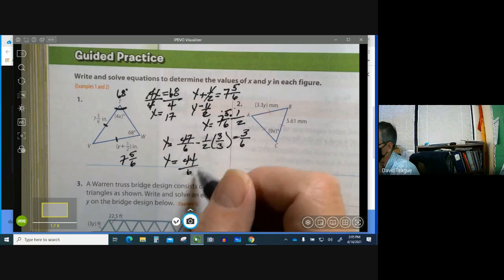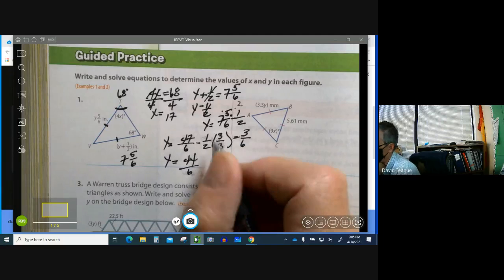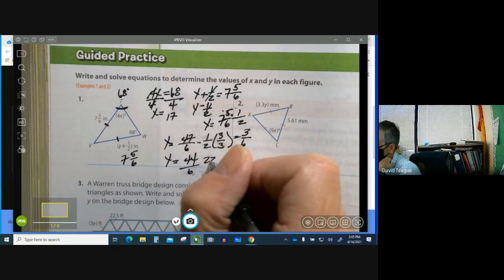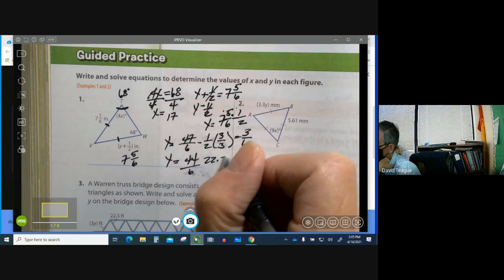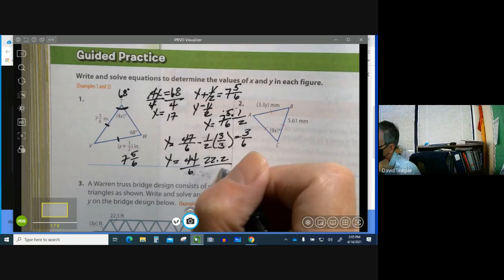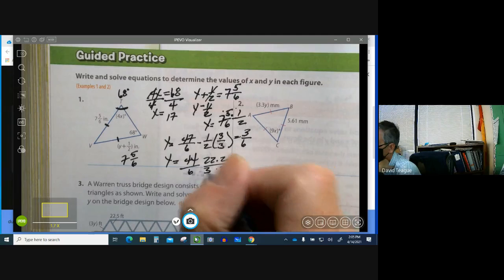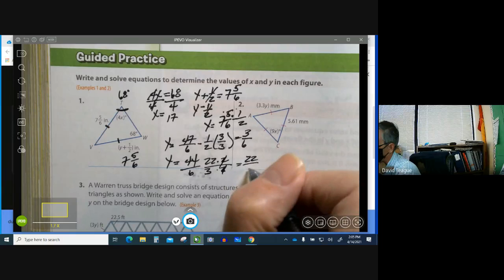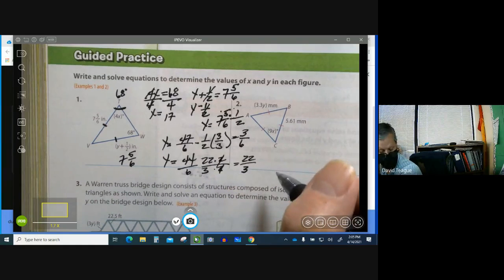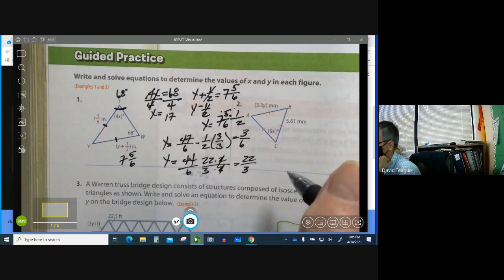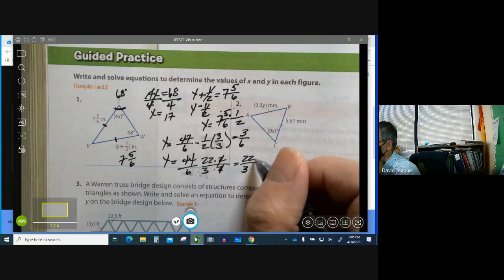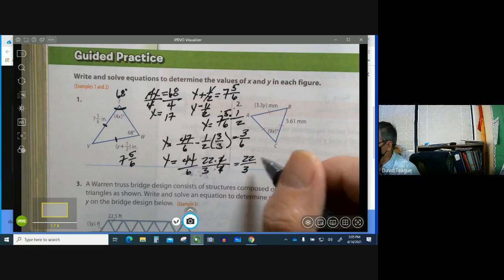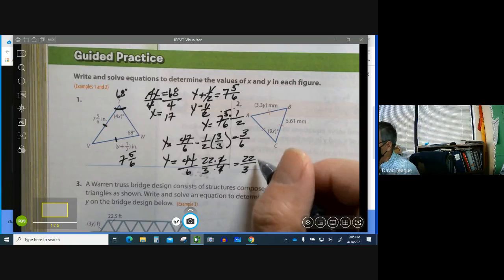Well, I can simplify. That's 22 times 2 and this is 2 times 3. That cancels out and gives me 22 thirds. This is odd, and I don't have anything else in common here.